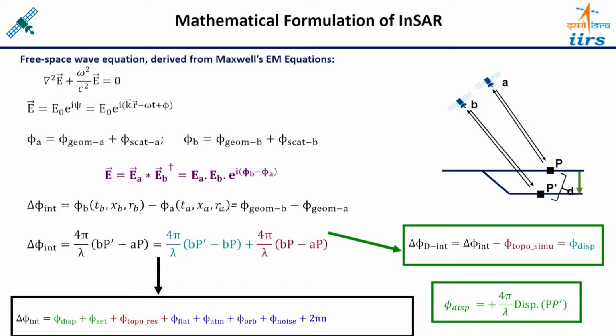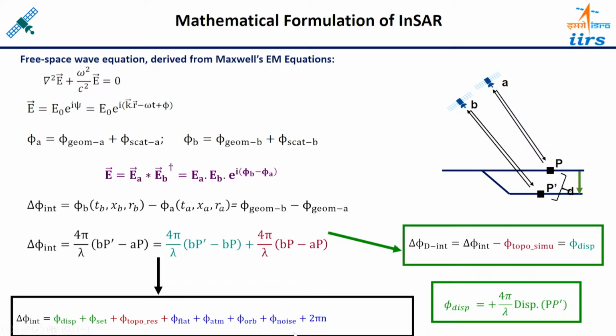Because of that uncertainty in the orbital positions, some phase difference between both the signals is generated, and that phase difference is called the orbital phase. Or you can say the orbital inaccuracies are also contributing to the interferometric phase.